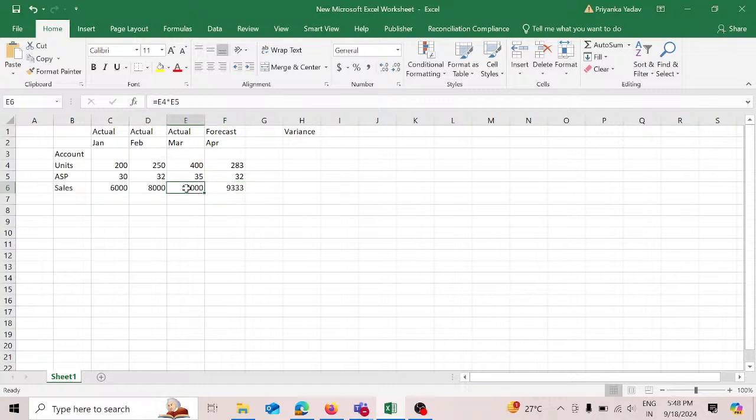Okay, so we have to first find the growth rate. What is the growth rate? So the growth rate is calculated as the difference between the latest month sales. So this is 14,000 minus 8,000.